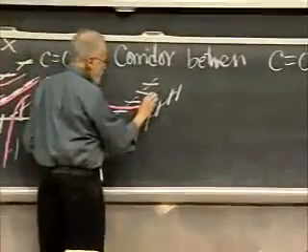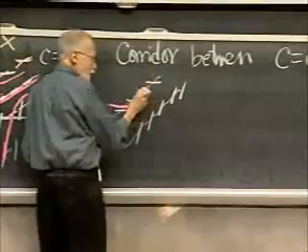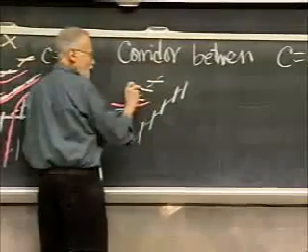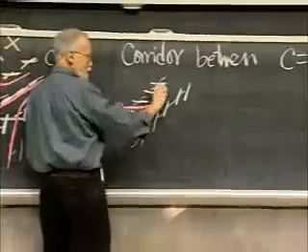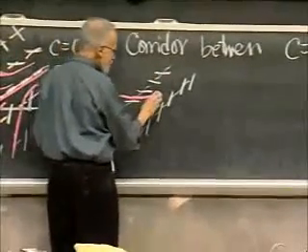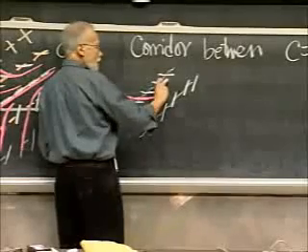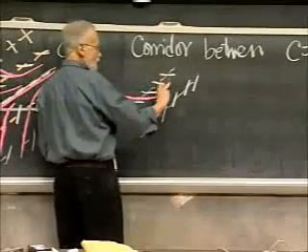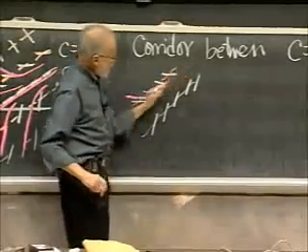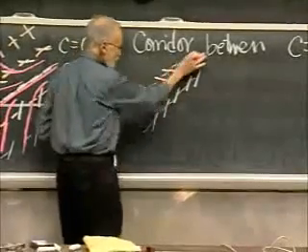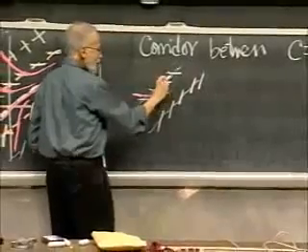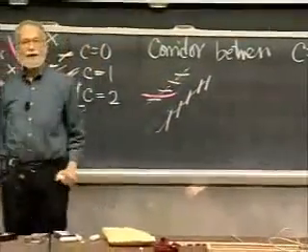Well, it would have to double back somehow, and remember, to escape on the left side, it must be going horizontally. But how could it do that without doubling back first and having the wrong slope? The slope of everything in this corridor is positive, and to double back and escape, it would at some point have to have negative slope.